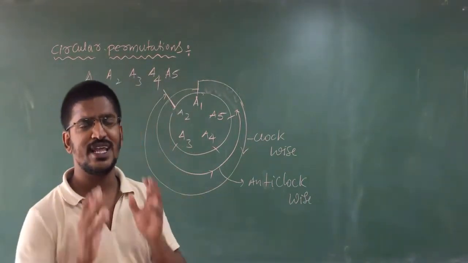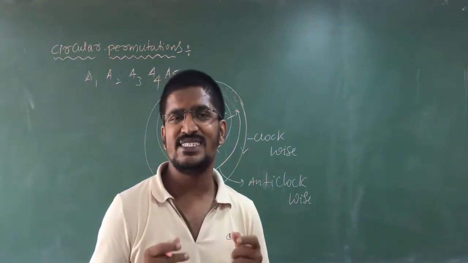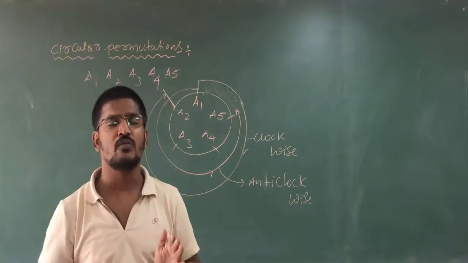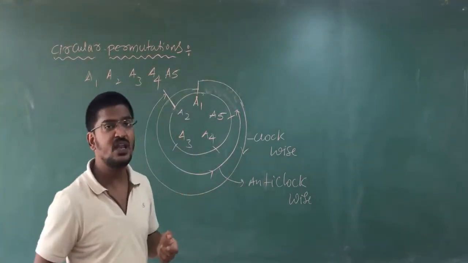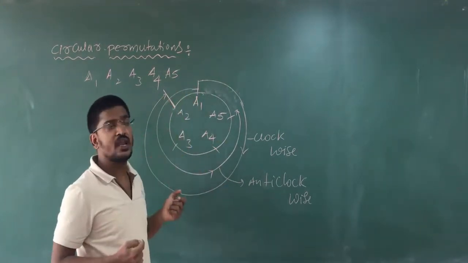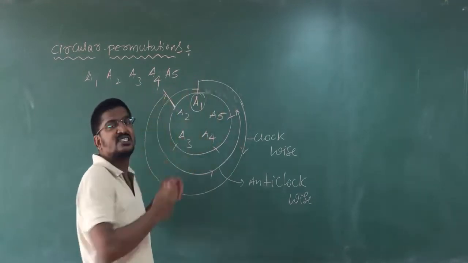So make sure, circular permutations means you are arranging the elements in circular form. Clear? We have to fix one of the objects. How have we fixed here? A1. If we fix A1, we go for the other terms. By fixing A1 at one position, we start to fix the others in circular form.